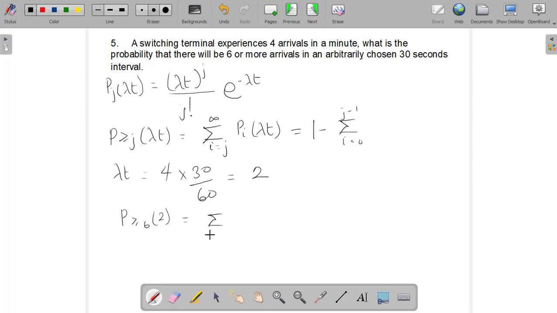this is going to be equal to the summation of i equals 6 to positive infinity of p subscript i of 2. We can convert this into 1 minus the summation of i equals 0 to 5 of p i of 2.